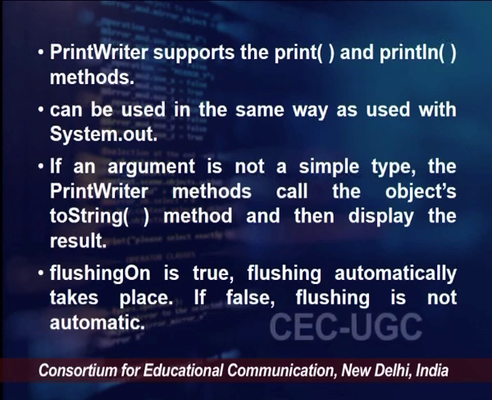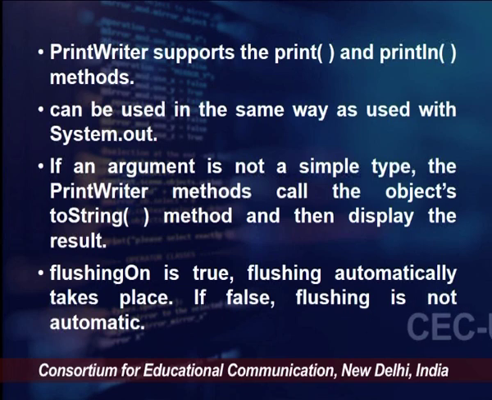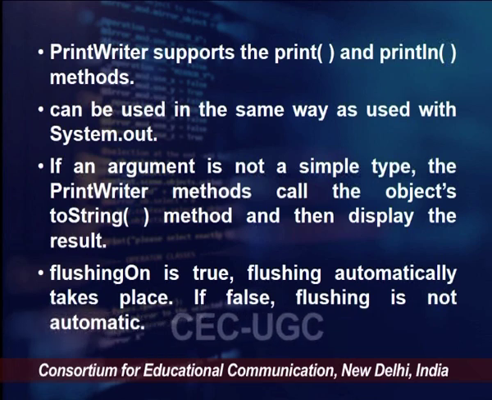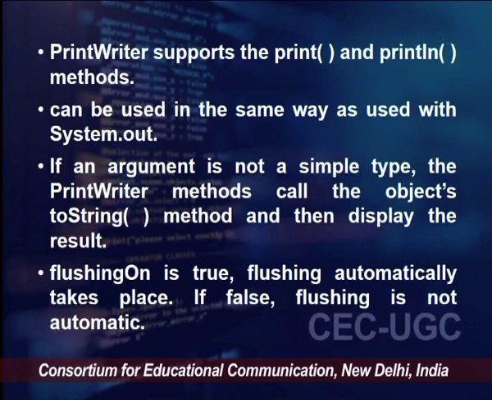If it is true, then flushing will automatically take place, and if the flushing on variable is declared as false, then the flushing will not be automatic. In order to write to the console by using a PrintWriter, we need to specify System.out for the output stream and automatic flushing.